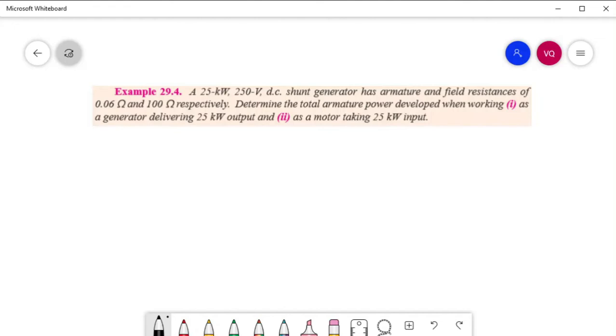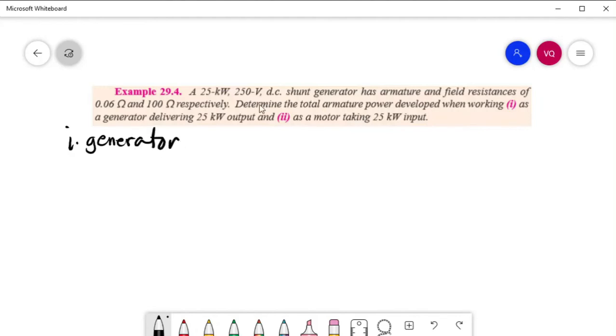So we have two cases here, in generator and in motor. We will solve the armature power developed, or the EG and EB, EGIA and EBIA, should I say, because it is power. Let's start with the generator.